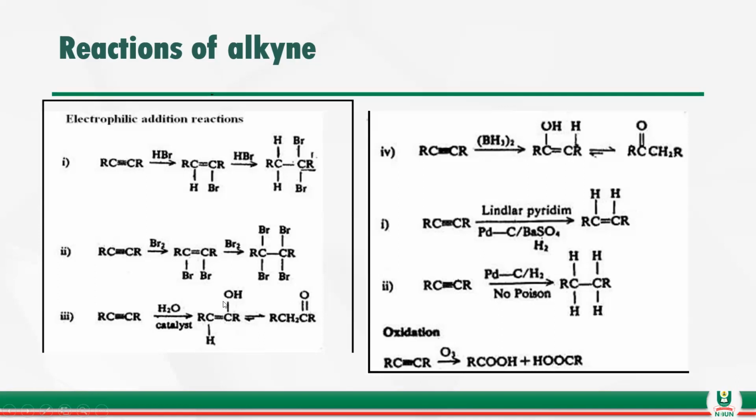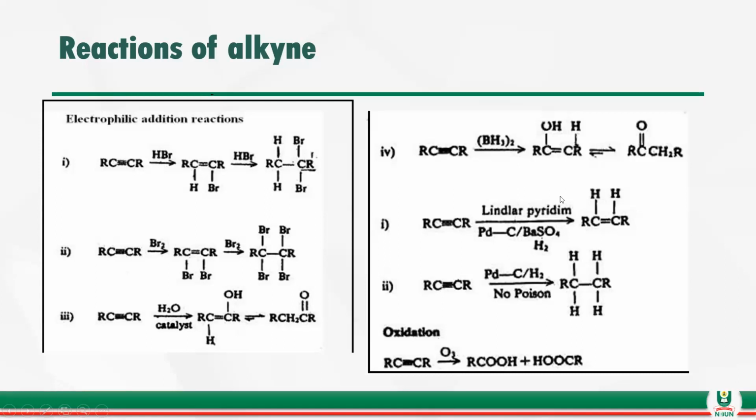And then this enol will now get the most stable tautomer, which is the keto form. So these two are tautomers. This one will undergo tautomerization to give the keto form. The keto form is the most stable one.